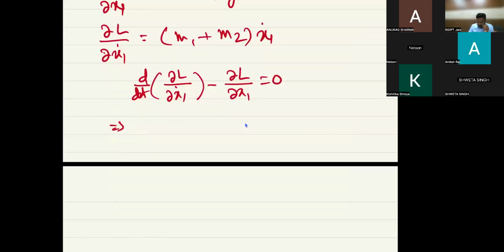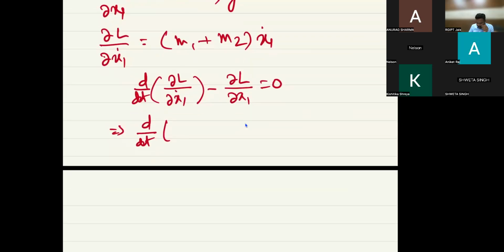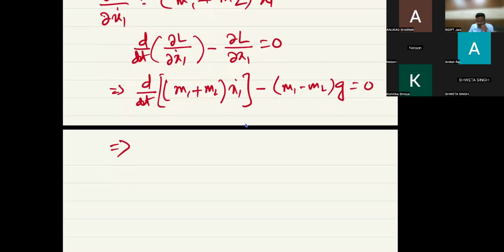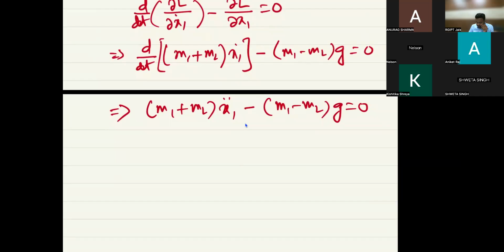So d dt of del L del x1 dot is (m1 plus m2) x1 dot, minus (m1 minus m2) g, this is equal to 0. So from here you can see (m1 plus m2) x1 double dot minus (m1 minus m2) g is equal to 0.